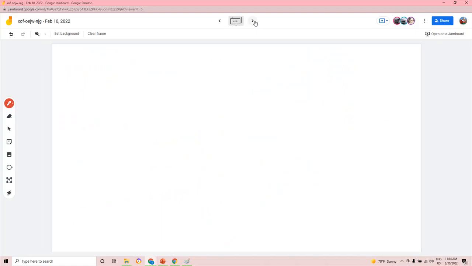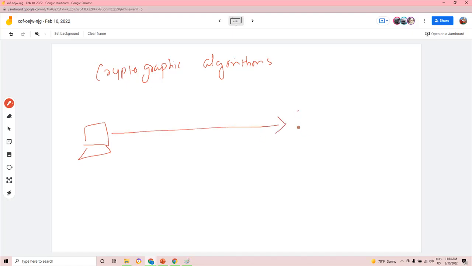So students, now cryptographic algorithms. When a system wants to securely connect with another system, you need authentication, then you need confidentiality.